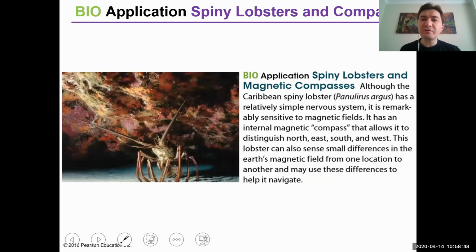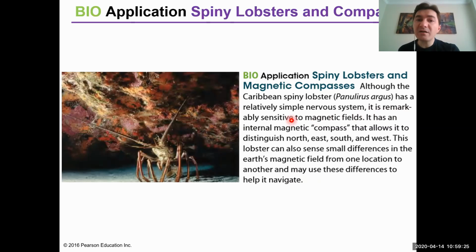Here, I would like to show you a bio application, the spiny lobster, or Caribbean spiny lobster. As much as I remember, the Turkish name is dikenli istakoz. The Caribbean spiny lobster, Latin name Panulirus argus, has a relatively simple nervous system.